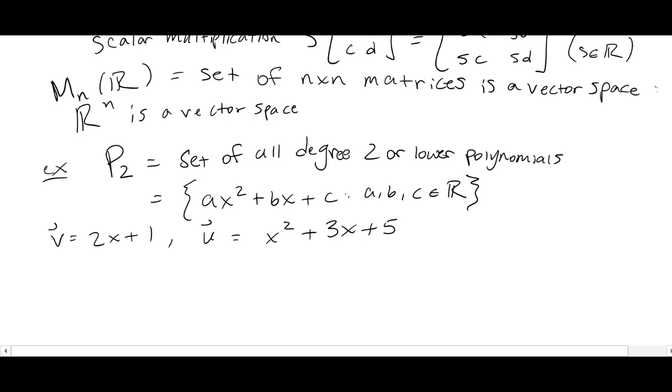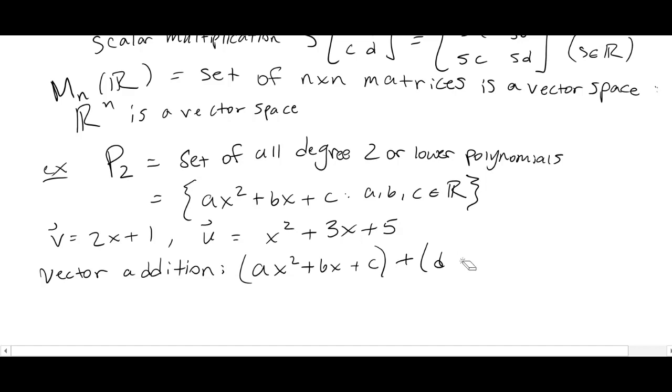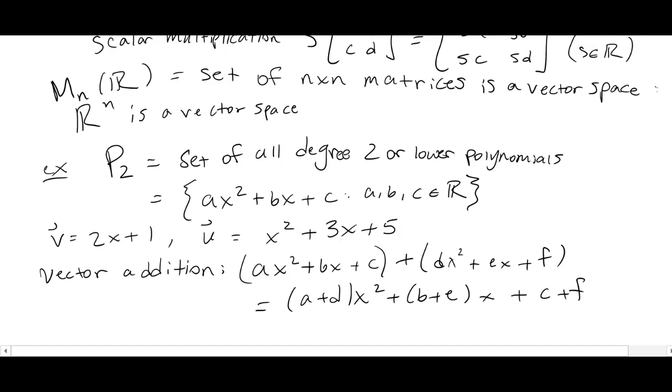And the vector addition is just the way you would usually add polynomials. Ax squared plus bx plus c is this polynomial plus this other one, dx squared plus ex plus f. That gives you a plus d x squared plus b plus e x plus c plus f. That's the vector addition.